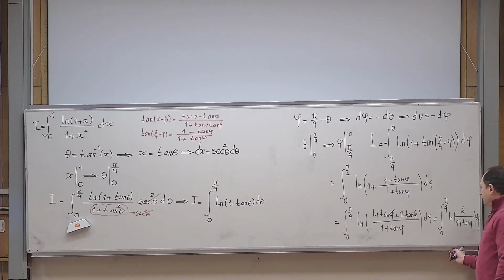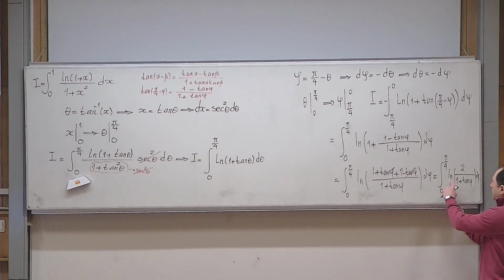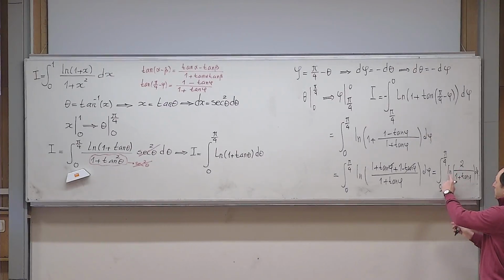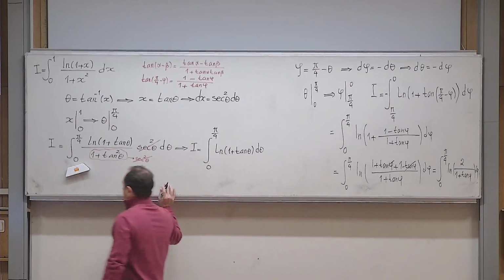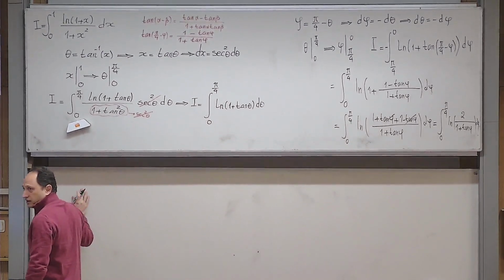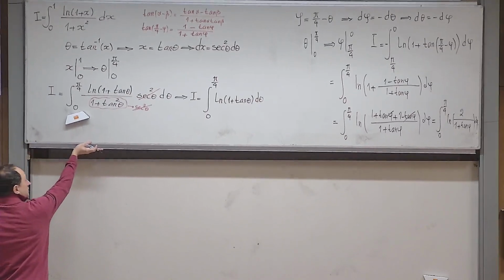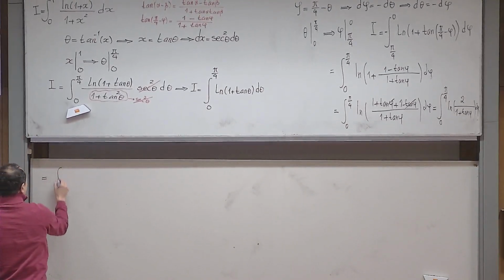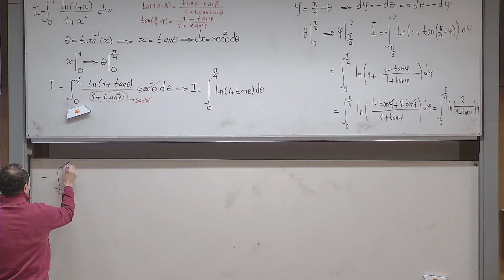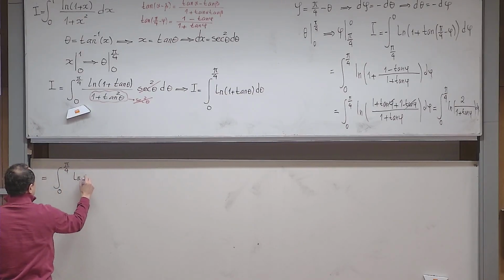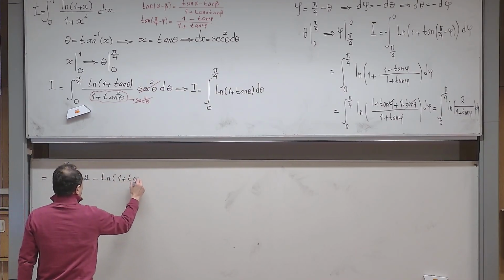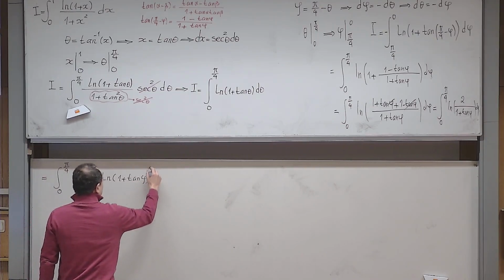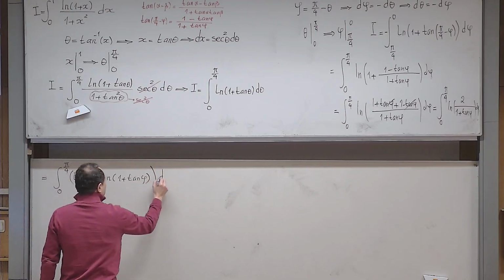Okay, now what happens, you know that ln of a fraction can be written as ln of the numerator minus ln of the denominator. Okay, so let me write it here. So this becomes equal to integral from 0 to pi over 4 ln of the numerator minus ln of the denominator, d phi, and then everything d phi.